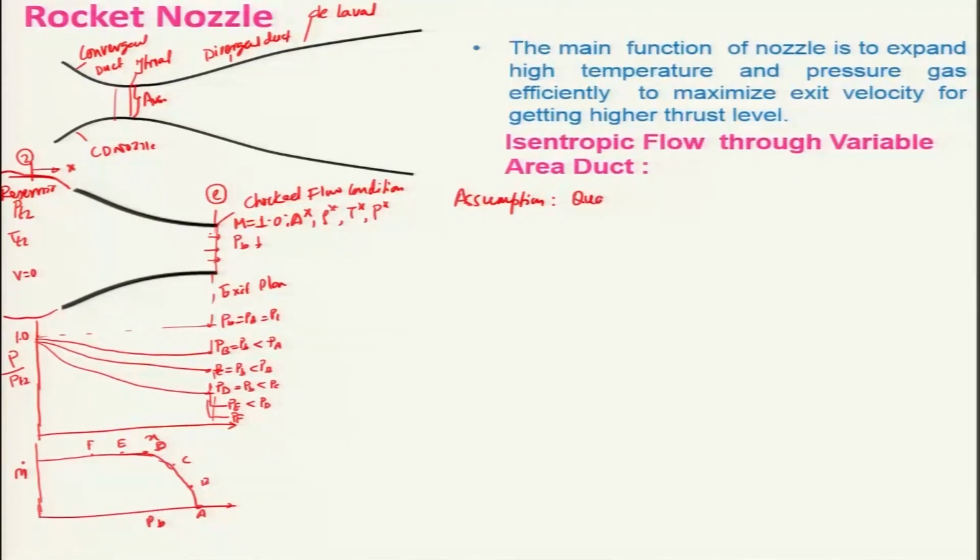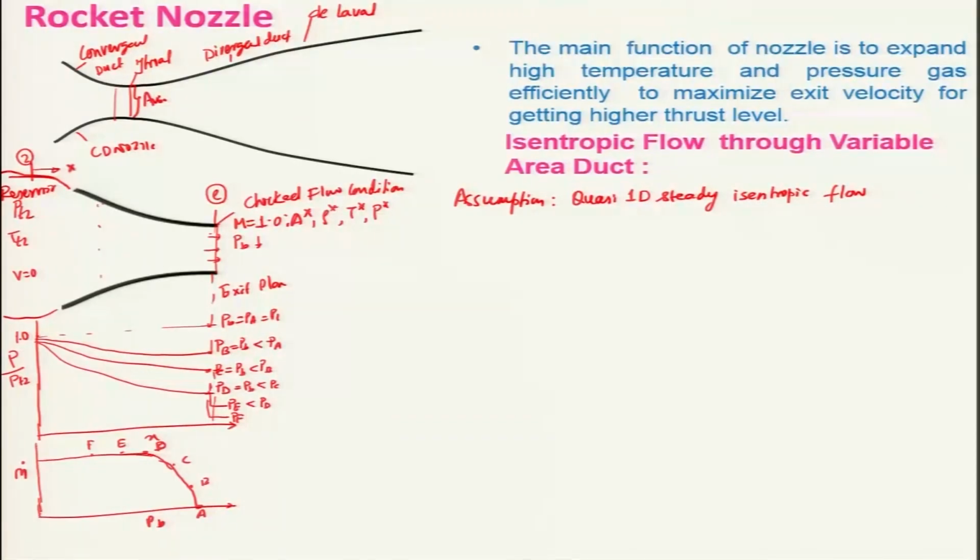We are saying quasi one dimensional steady isentropic flow. Quasi one dimensional means that the area is decreasing or increasing in a very gradual manner, such that at each location the one dimensional flow is prevailing.